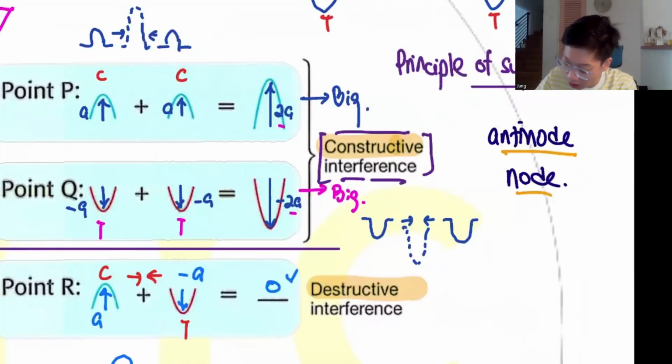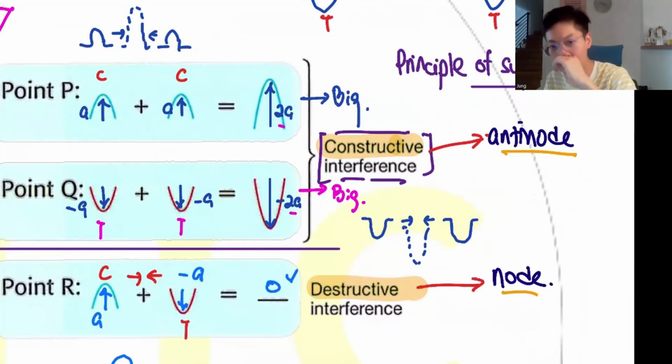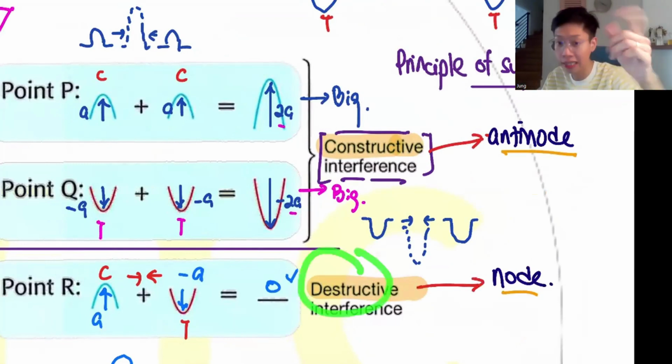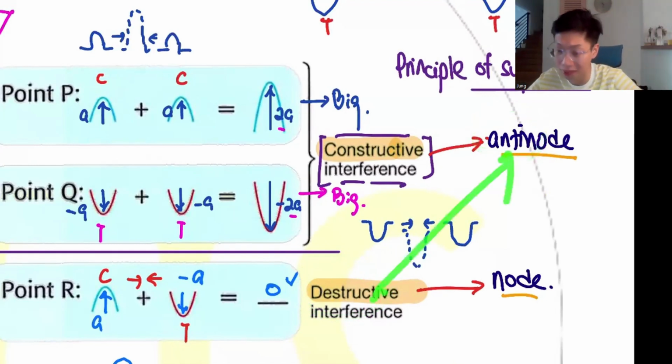Antinode is the name for constructive interference, and node is destructive interference. Why is this quite confusing? Sometimes some people think destroy, destructive, means anti, because if I am anti you, I don't like you, I will destroy you. So people think destructive is antinode, but it's wrong.